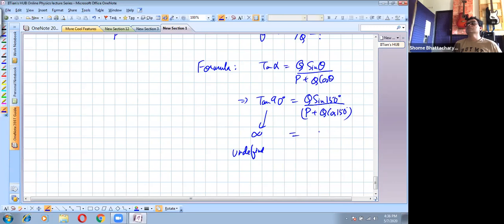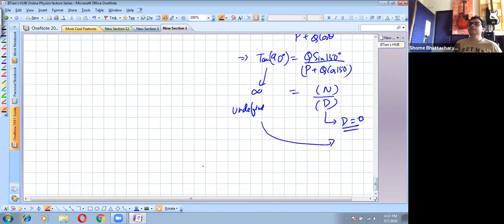So that must be equal to some numerator divided by some denominator, but that denominator must be equal to 0. That is the condition for the undefined nature of tan. Whenever we equate tan 90 with something on the other side, the denominator should become 0. So the denominator here is P plus Q cos 150.